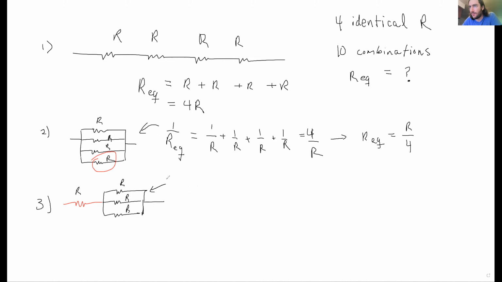This part is R over 3, but I have it in series with this one here, right? So it's R plus R over 3. So that's going to give us 4/3 R for REQ. I see.